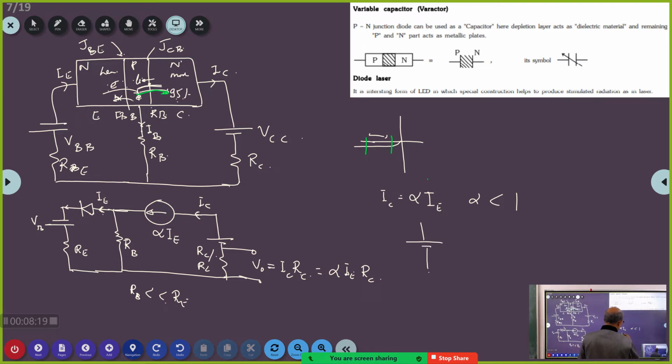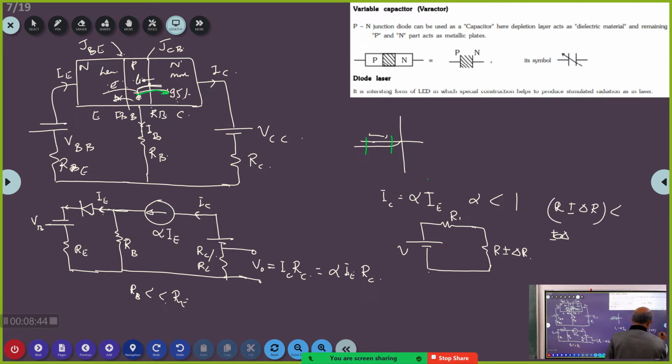If you have a voltage source V, and you have a resistance R1 here and a resistance R here, and this R is varying, say plus or minus delta R, supposing this R plus or minus delta R is very, very small compared to R1.